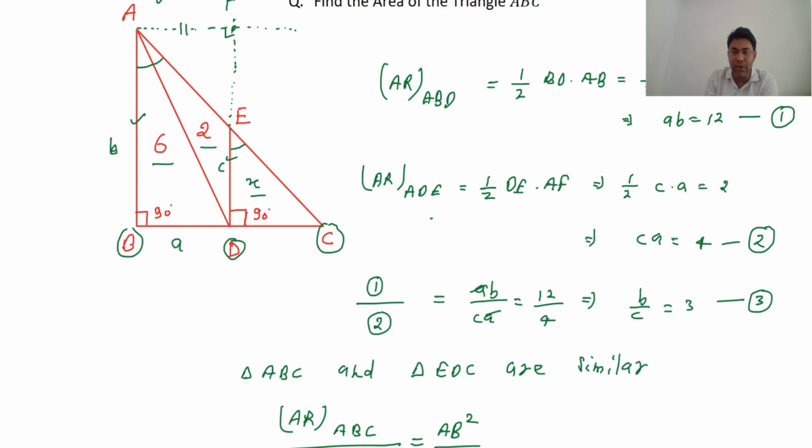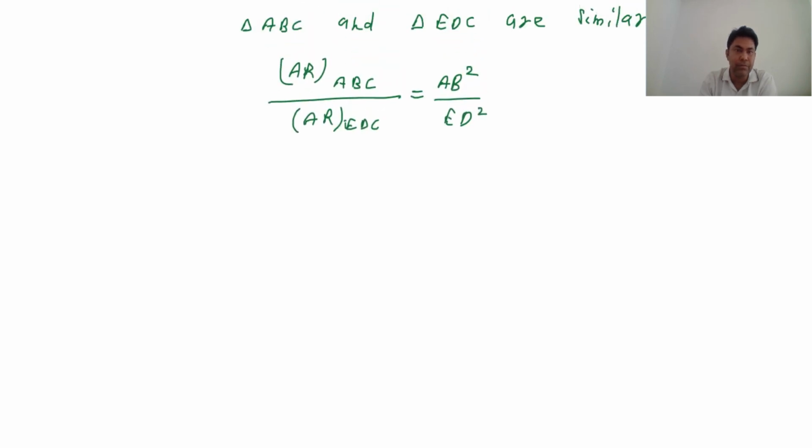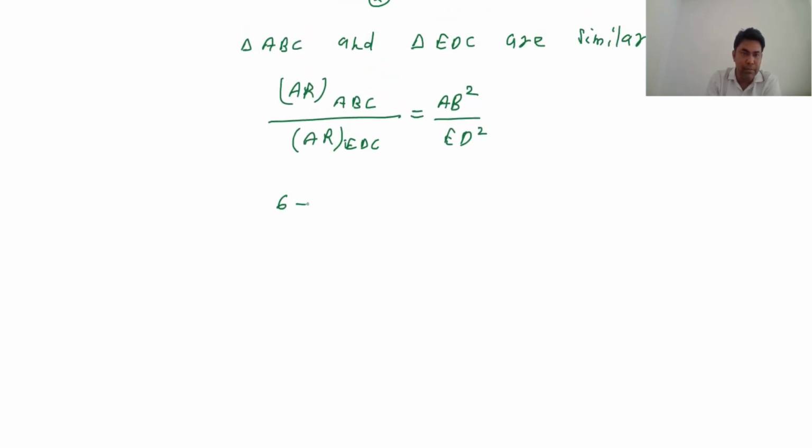That means the area of triangle ABC can be written as 6 plus 2 plus x, and the area of triangle EDC is x, and side length AB is B and side length ED is C. So it can be written as B square divided by C square.